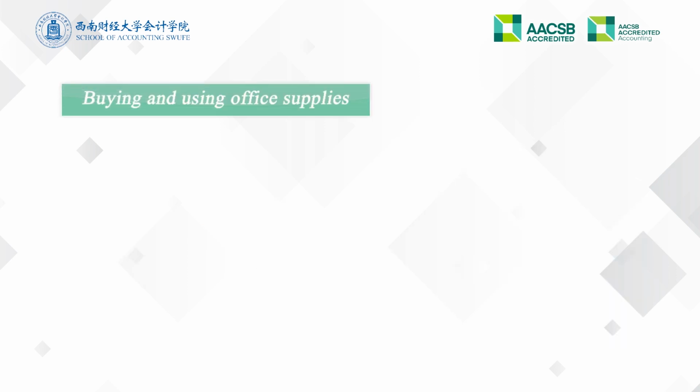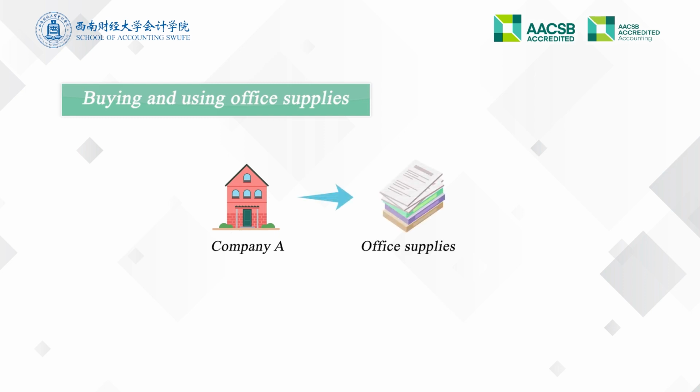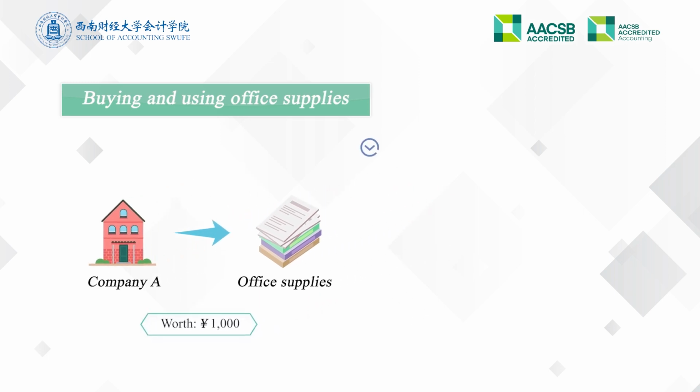Another example of deferred expense is buying and using office supplies. Let's say company A buys office supplies like print papers and pens, which are worth 1,000 yuan. After 1 month, there are only 600 yuan of office supplies left, which means during this month, the office supplies expense is 400 yuan.